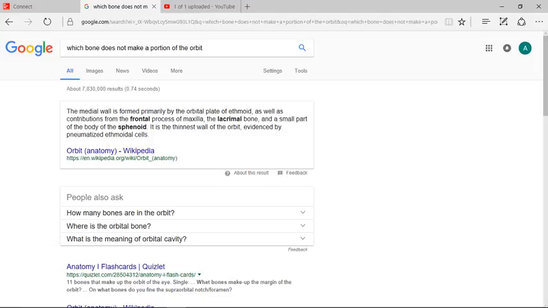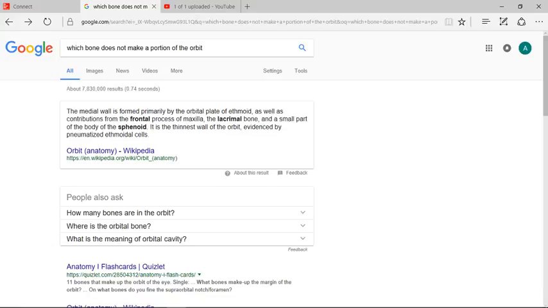The medial wall is formed primarily by the orbital plate of the ethmoid, as well as the contributions from the frontal process of the maxilla, the lacrimal bone, and small part of the body of the sphenoid. It is the thinnest wall of the orbit.